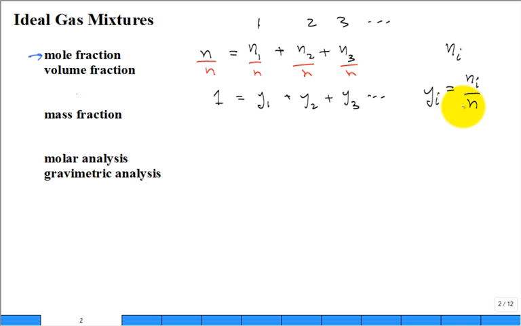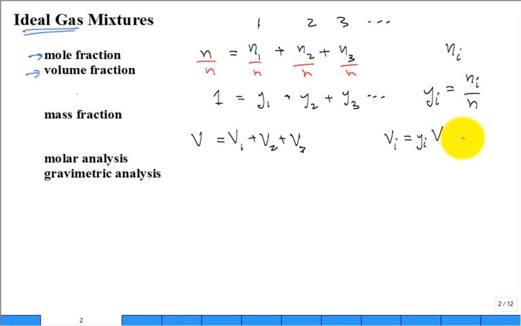That's pretty easy. Now, a lot of textbooks not only talk about the mole fraction, they'll talk about the volume fraction. If it's always behaving as an ideal gas, then the volume fractions V1 plus V2 plus V3 sum up to the total volume of the mixture. And the volume fraction V_i will be the total volume times the mole fraction.